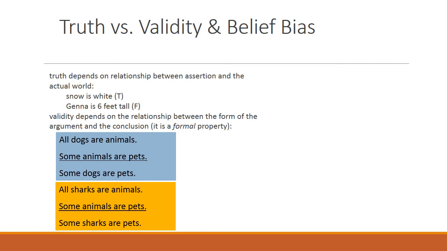This is easy to see if you switch the word dogs to sharks. All sharks are animals, some animals are pets, some sharks are pets. Now that that's not true of the real world, we can go back and see that it doesn't flow logically from those premises. With dogs, since it's true of the real world, you think the logic is valid. Here it's not so. You can tell that this logic is invalid.